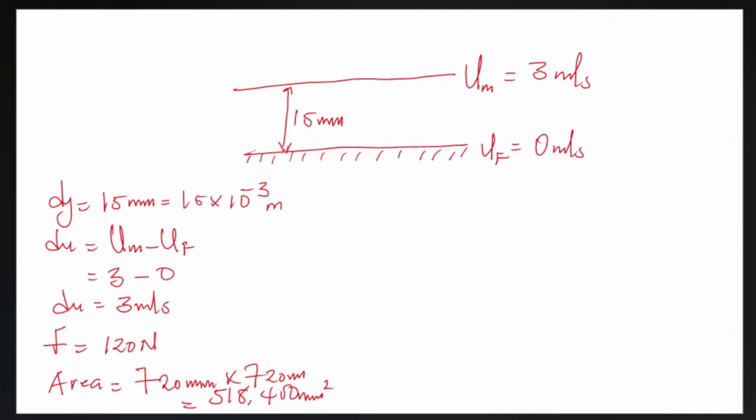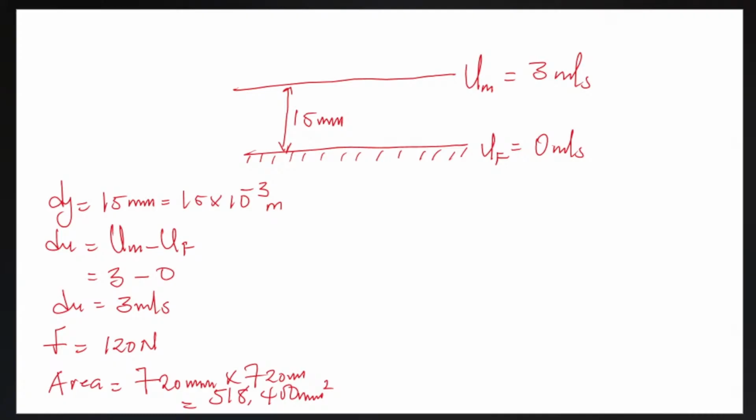Now, since we've gotten all parameters, our interest is always to calculate your dynamic and your kinematic viscosity. To calculate your dynamic viscosity, we know that it is tau divided by du over dy. We already know tau, du and dy.